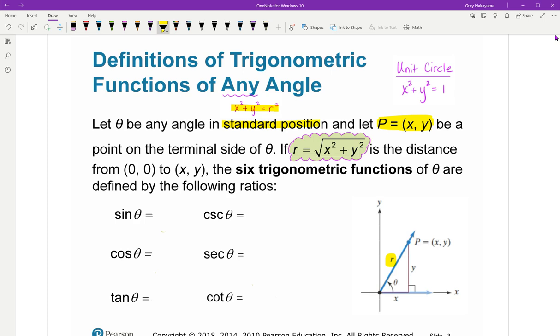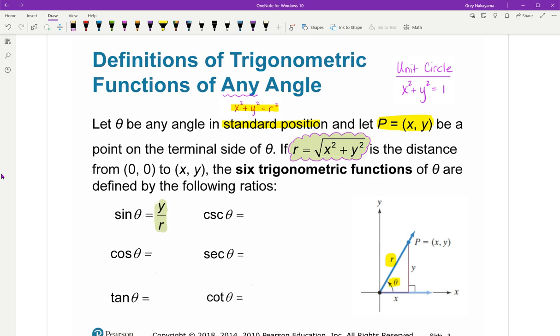All of the trig functions are going to be defined similar to what we had in the previous lesson, but instead of being on the unit circle where this was 1, we now have r. Otherwise, we do the same thing, and it's just SOHCAHTOA. The sine of this angle theta is opposite, which is y over r. Before we had just y, and now we have y over r.